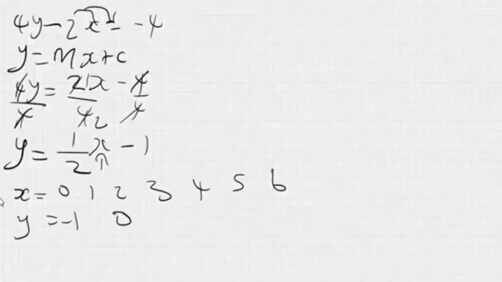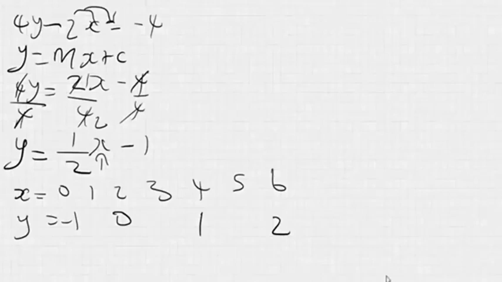When you plug in 4, that's 4 over 2, 2 minus 1, we're going to have 1. So no fraction. When you plug in 5, you will still have a fraction. When you plug in 6, you're going to have 2. So these spaces will not be filled, as they give us a fractional output. We just want whole numbers. So we're going to make use of these 4 points to plot a graph.